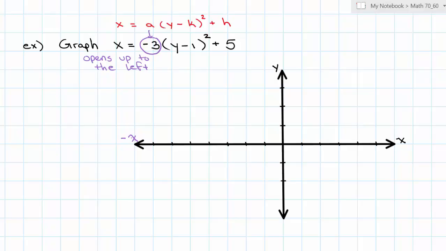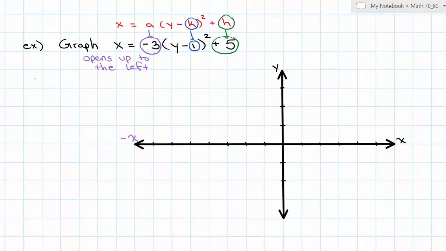Also, the next thing here, it tells me my vertex. My k is going to be 1. My h is going to be +5.